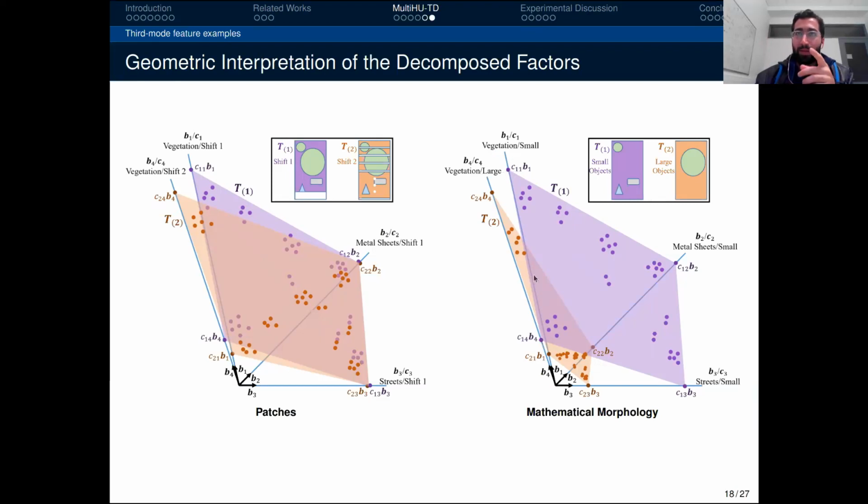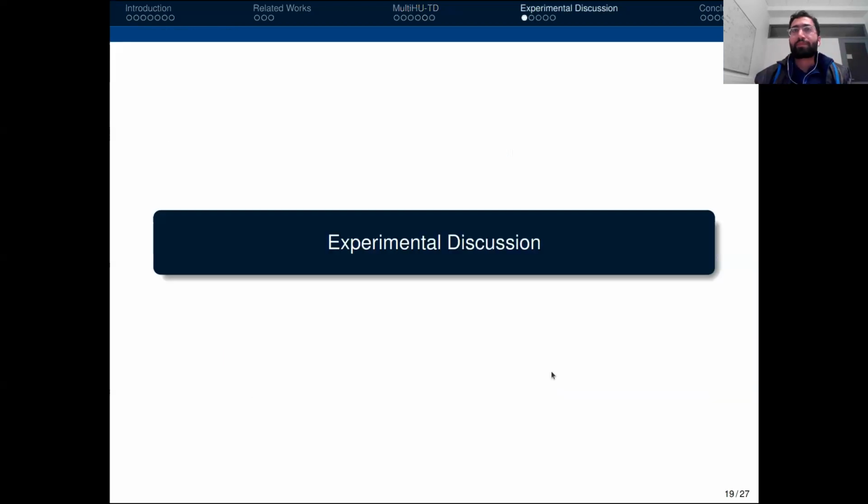Let's say that this C14 scale is small, so it lets B4 be normalized to look like the others. On the other side, it amplifies it because of C24, but B4 is still B4. It's still the same vector B4, more or less like this.